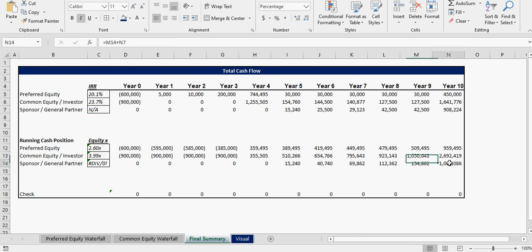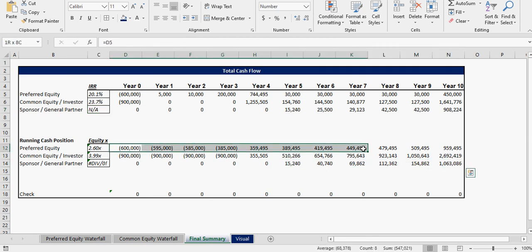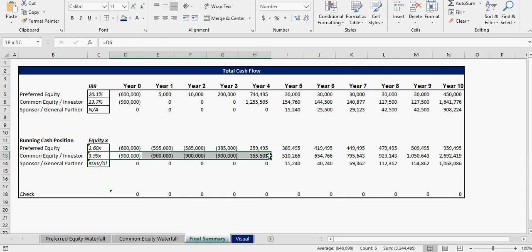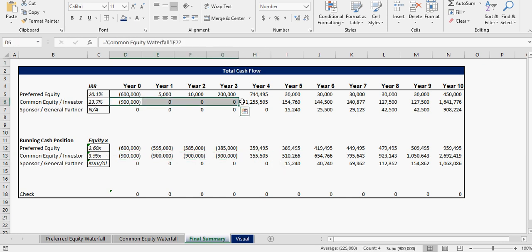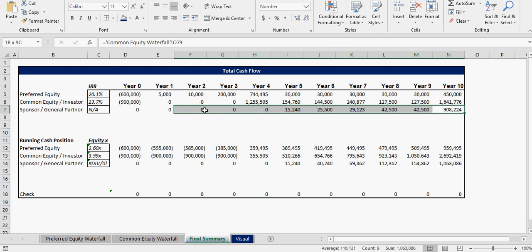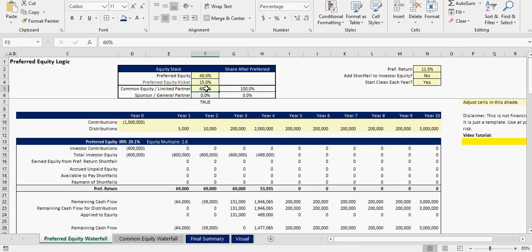So they would still start to get profit once the preferred equity's been paid and the common equity investors covered their hurdles. And then the sponsor starts getting cash here. So the sponsor does not, in this case, have to have any contributions necessarily. But if they do, there's logic to account for it.